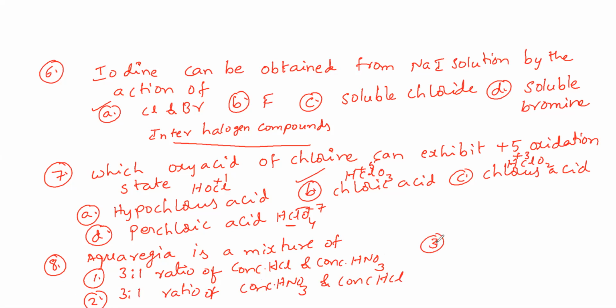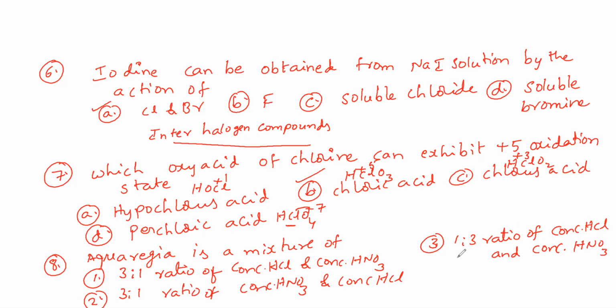Third option, 1:3 ratio of concentrated HCl and concentrated nitric acid.